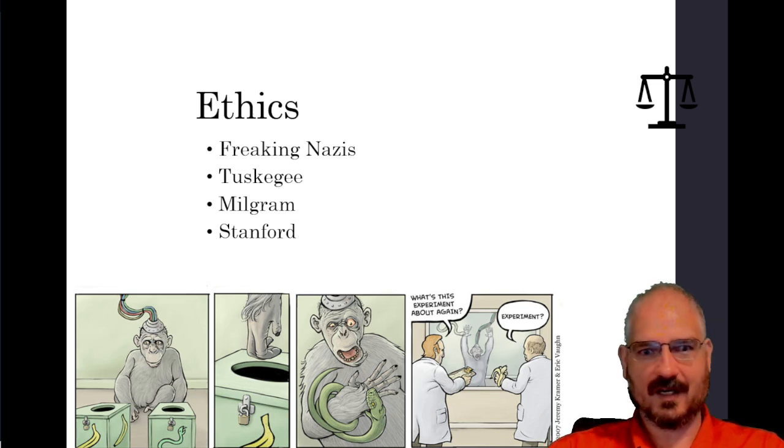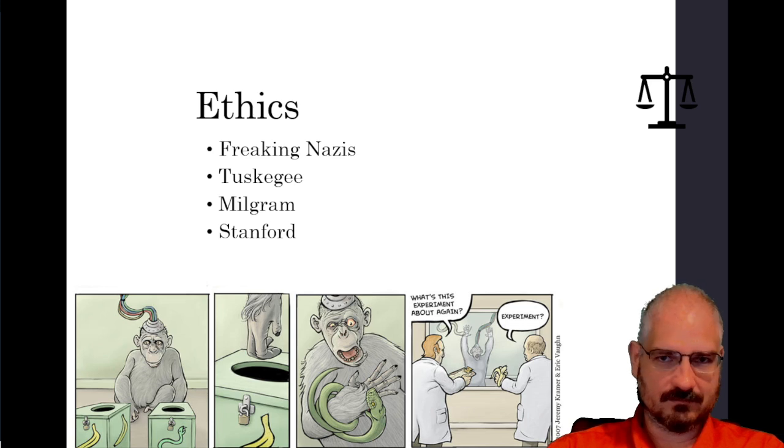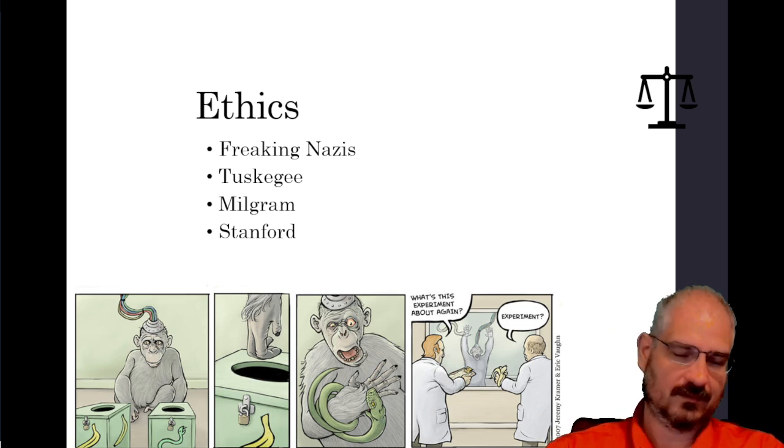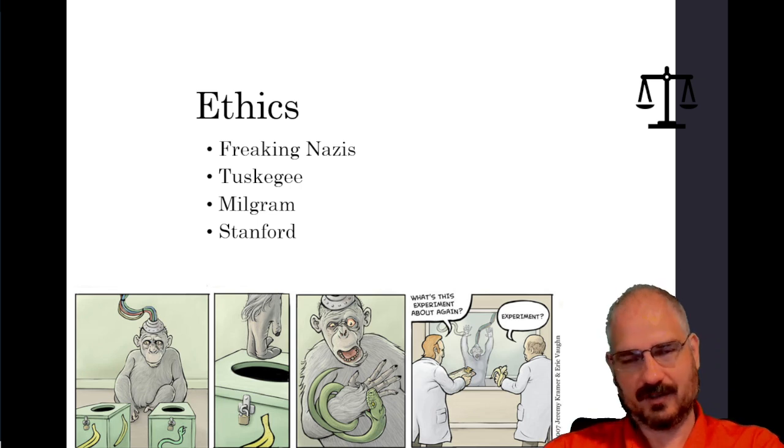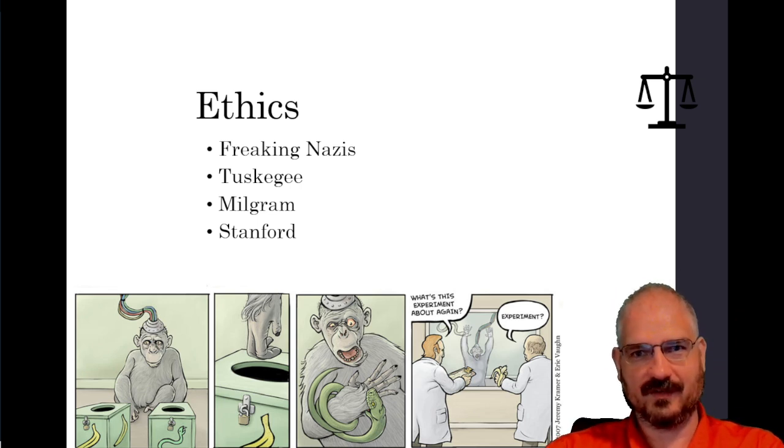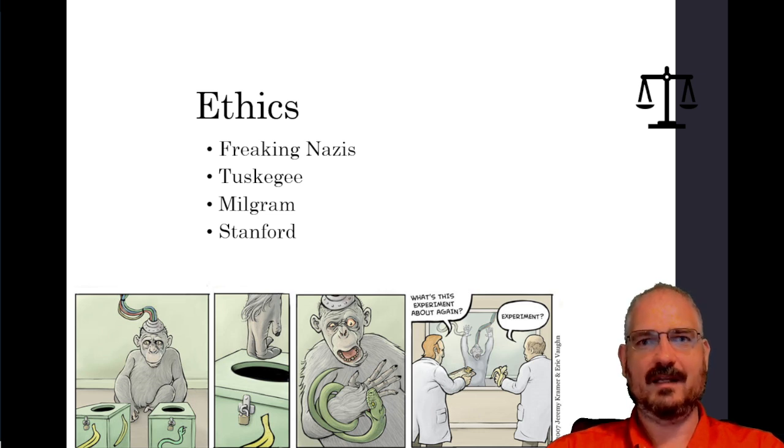The teacher would sit on the other side of the wall and read word pairs, like jacket, purple, and then coffee, television, a series of these word pairs. Then he would say the first half of one of those pairs, and the learner was required to answer with the associated word.